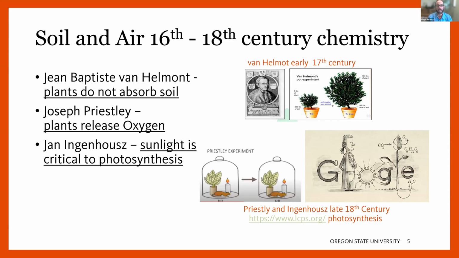But 100 years later, or shortly later, people were focusing on the gas that was around the plant. A person named Joseph Priestley did an experiment with mice, or with rodents, where he put them in little containers. This is the image on the lower left.